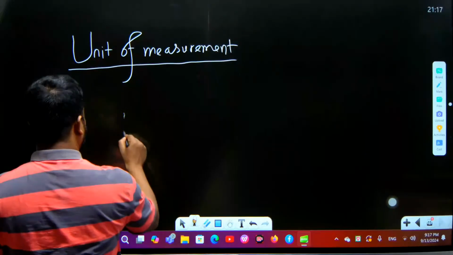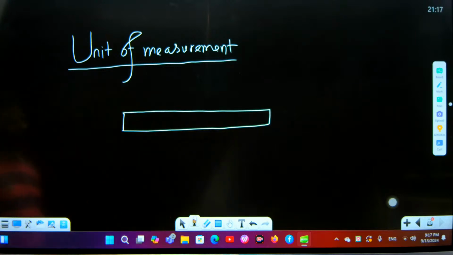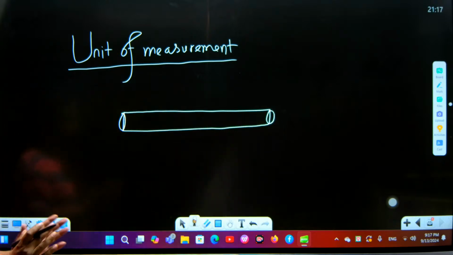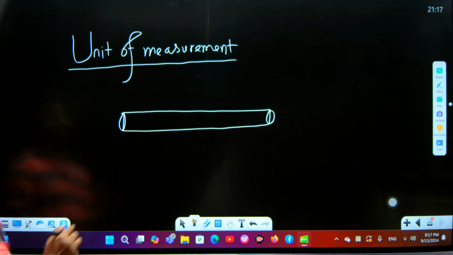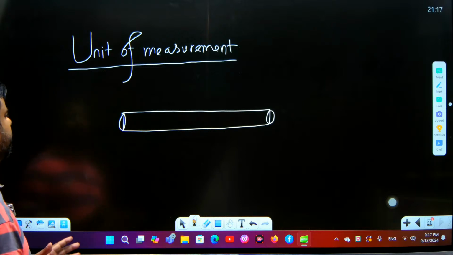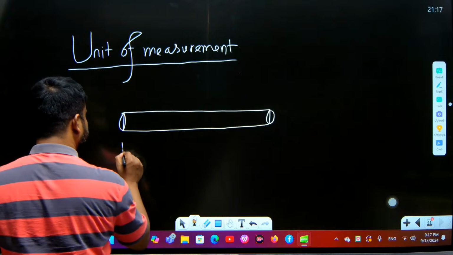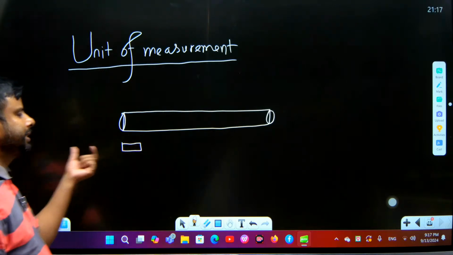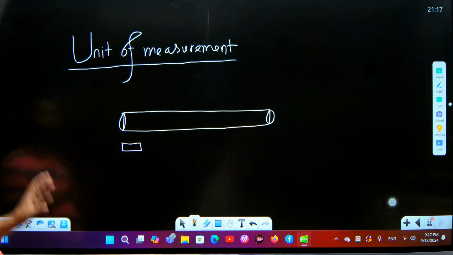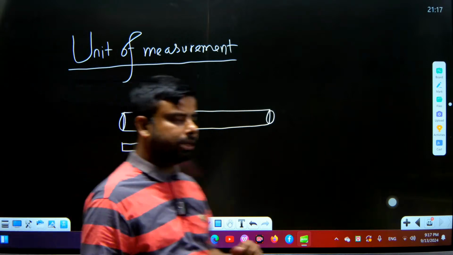So if we want to measure the length of this rod, first we need a standard essential amount, comparing with which we can quantify any physical quantity by number. That thing is known as a unit.